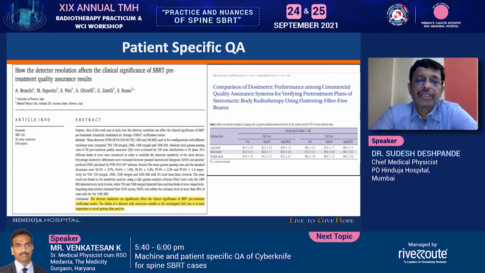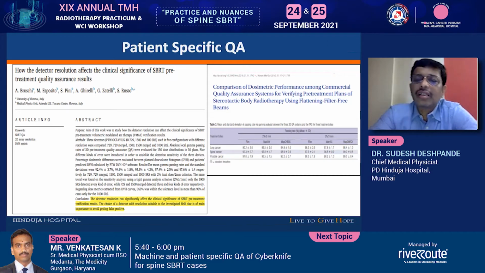So the choice of the array is very important, and we should have the proper array resolution to avoid false positive results. Because of interpolation or the spacing between the detectors, we interpolate the result, so there is a good chance that we may get a false positive result.